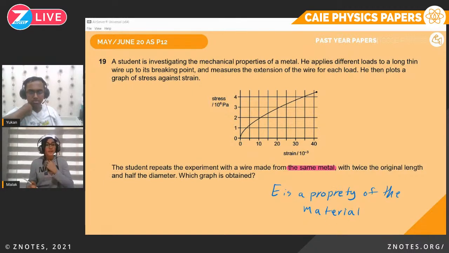All right? Which means it doesn't matter what change you make to the length, what change you make to the diameter. As long as it's the same material, it would have the same Young modulus. And Young modulus is equal to stress over strain, which means the gradient of this graph right here is the Young modulus. So no matter what we do, we need to have the same gradient.